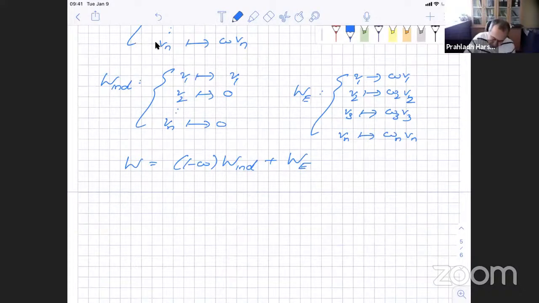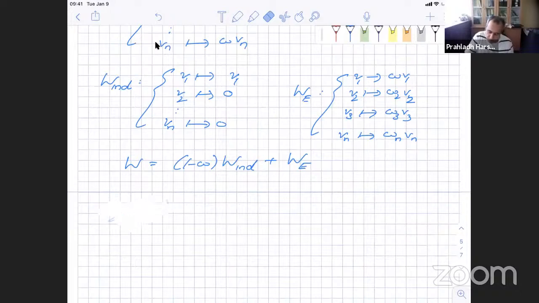WE is the vector which we already defined. So let's look at it. WE of any x. Let's see. So let's take any x.